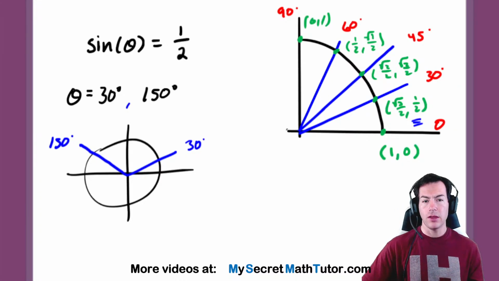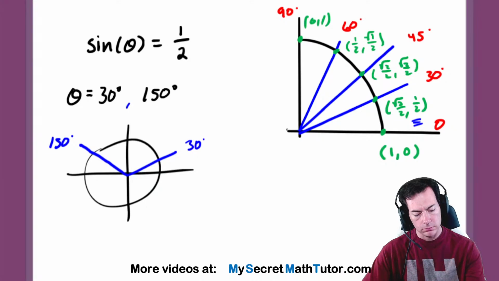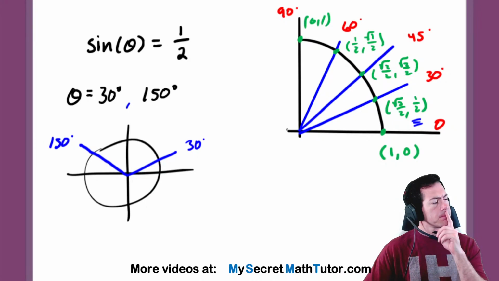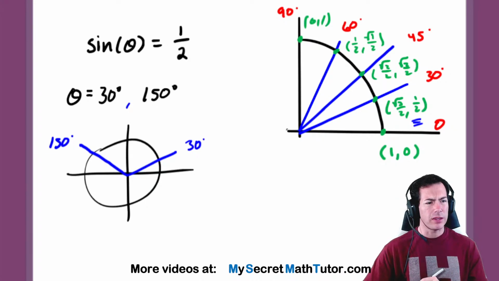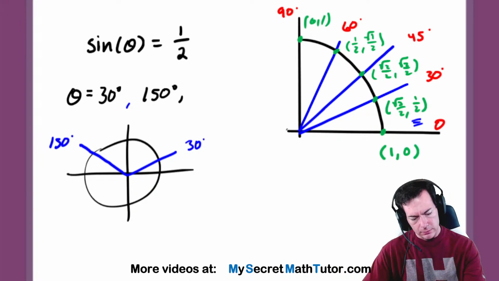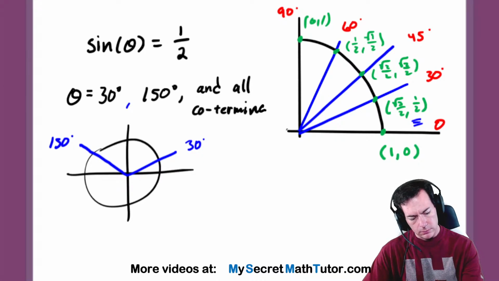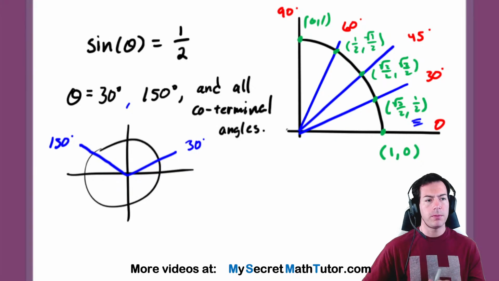So that'd be at another location. And of course, all angles that are coterminal with 30 degrees and 150 would also have the same value. How could we list all of those out? That'd be quite a bit. So, and all coterminal. But 30 and 150 are the big ones.